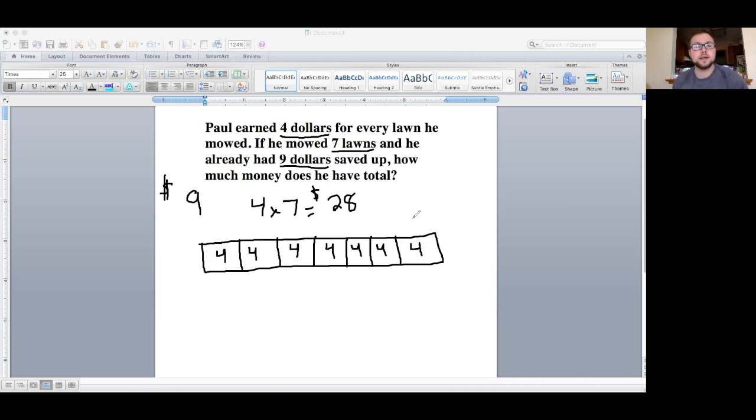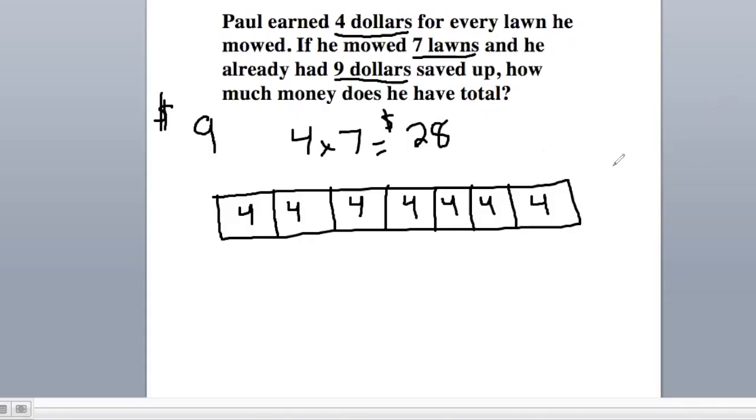What are you going to do at this point in the problem? Okay? Think about it. Pause it if you have to, and we'll get right back into it. At this point, we're just going to be simply adding 28 plus 9 to get our total amount of how much Paul has earned for that whole week, okay?